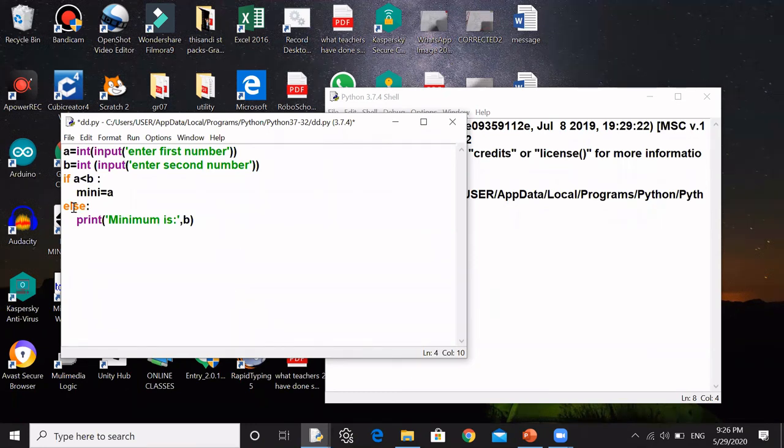If it is false, you know mini should be B, so B should be assigned to mini, right? Okay, now we have the processes. Here there are two processes, right? Here A is assigned to the variable mini, or here B is assigned to the variable mini. Now enter, right? Now our selection is finished. Therefore, we should click the backspace, right?